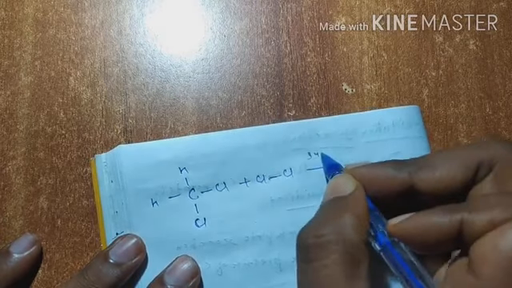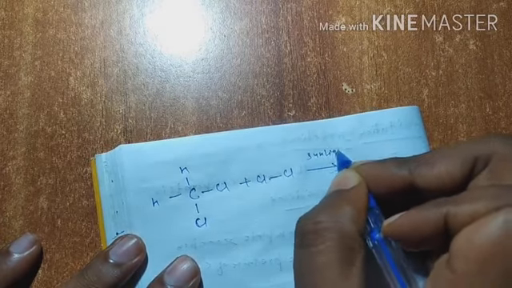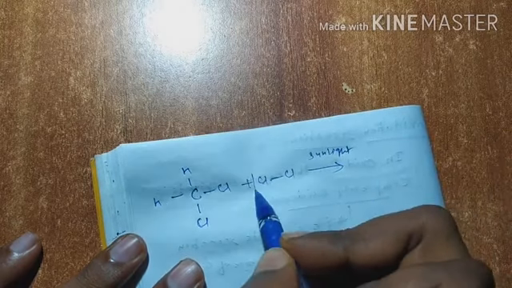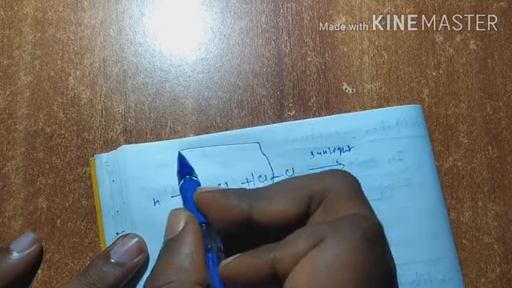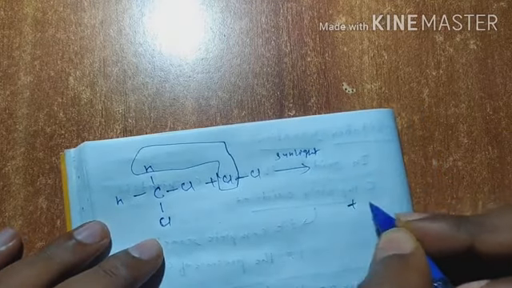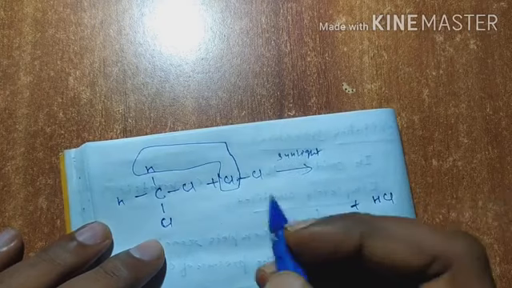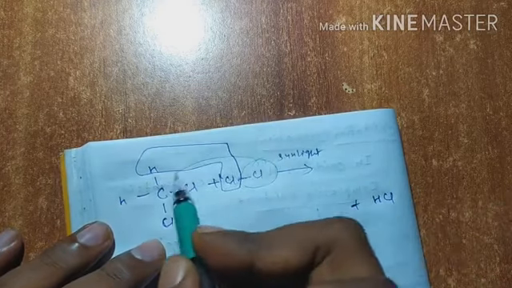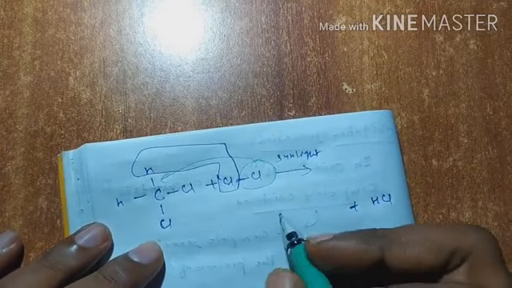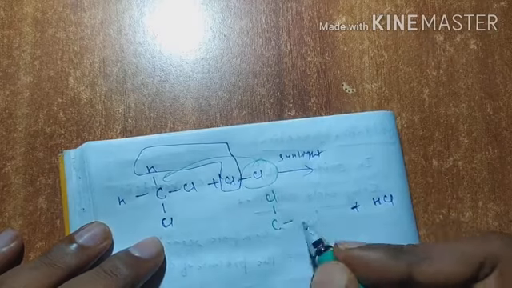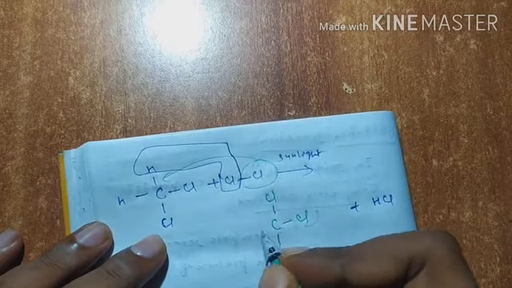This is important. Next time, again this chlorine atom will react with this one, HCl will form, and a chlorine atom will come on this place. So this will be C with Cl, Cl, Cl.